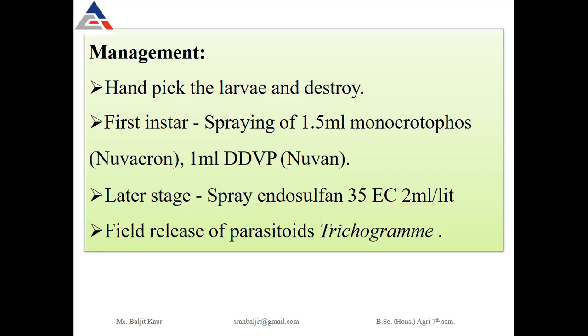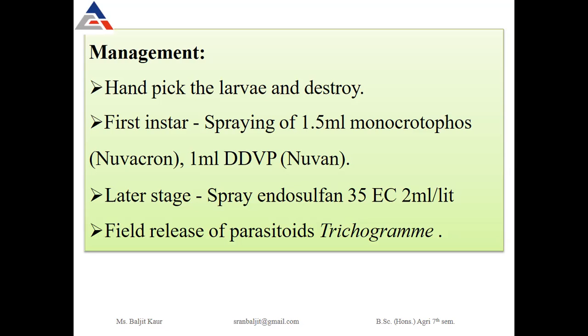Now, how to manage this butterfly or the caterpillar of the butterflies? So we have to handpick the larvae and destroy them. And we can spray with monocrotophos at first instar stage, and at later stages we can spray the plants with endosulfan.